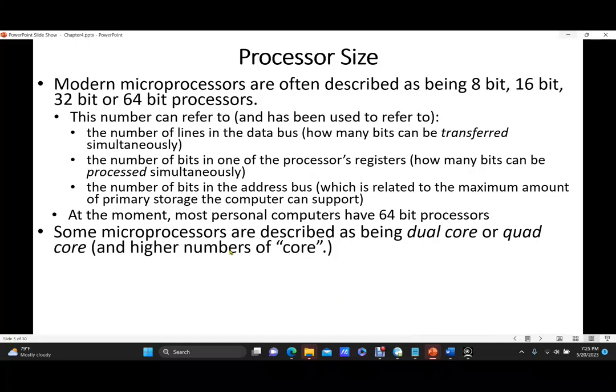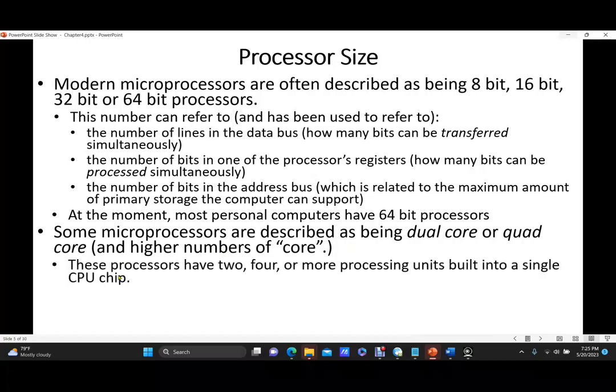Some microprocessors are described as being dual core, quad core, or some other higher number core. These processors have 2, 4, or more processing units in the same CPU chip.